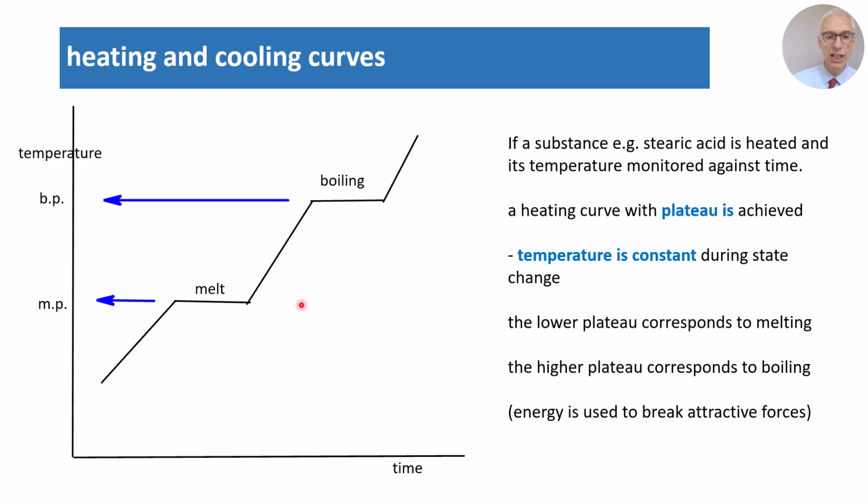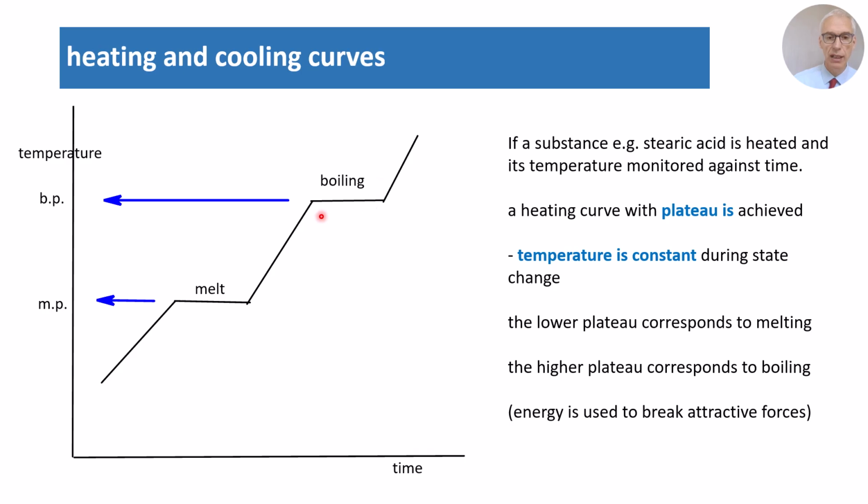If we continue to heat the liquid between the melting point and the boiling point, obviously we have a liquid. So if we continue to heat the liquid, the temperature rises until a new plateau is reached, at which stearic acid changes from liquid to gas. In other words, it boils.